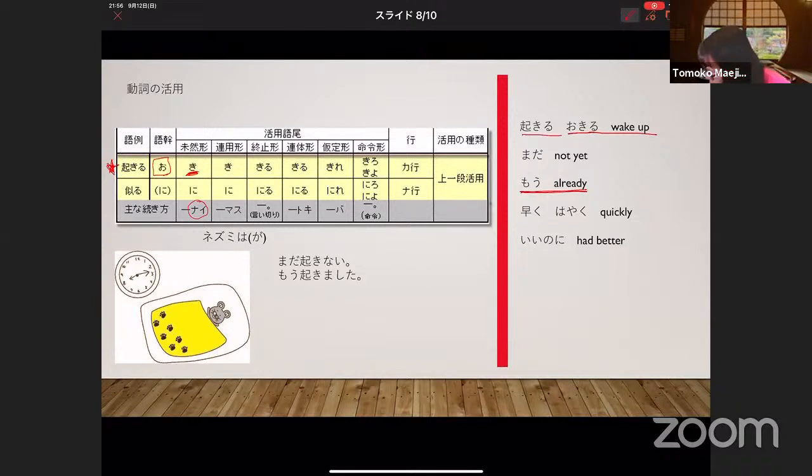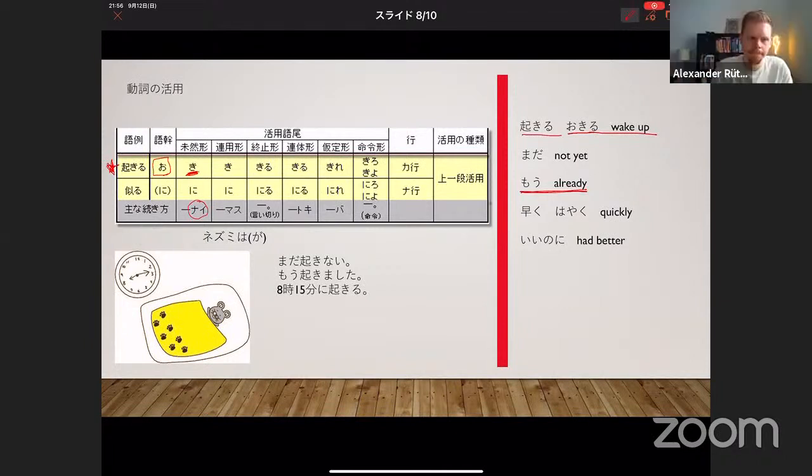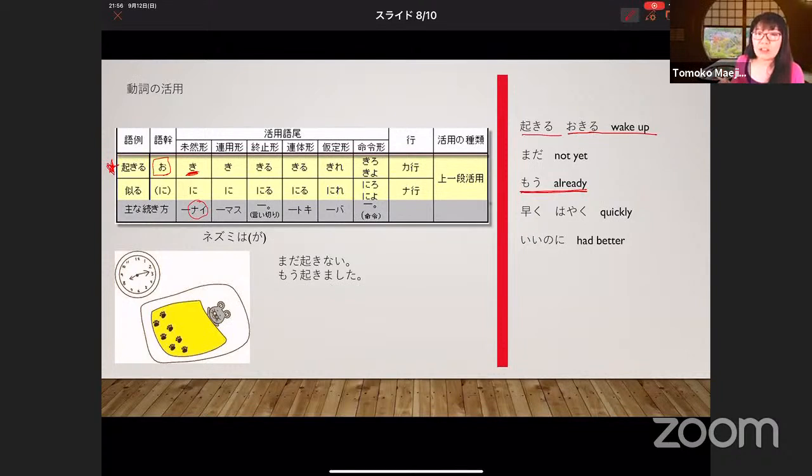So next one. You see the time. So the mouse usually wakes up at 8:15.